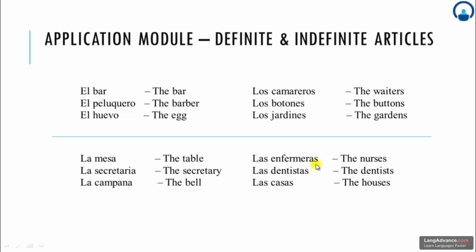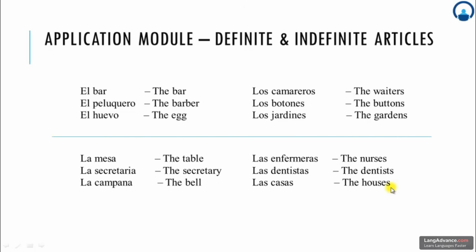Las enfermeras, las dentistas, las casas, means the nurses, the dentists and the houses. Okay, I think we have got pretty good understanding of definite and indefinite articles and how they change according to the gender and singular and plural forms.